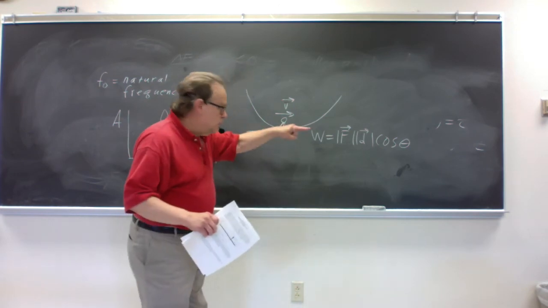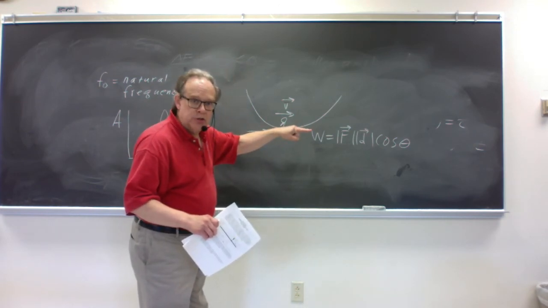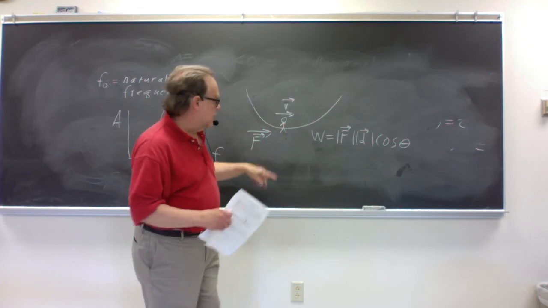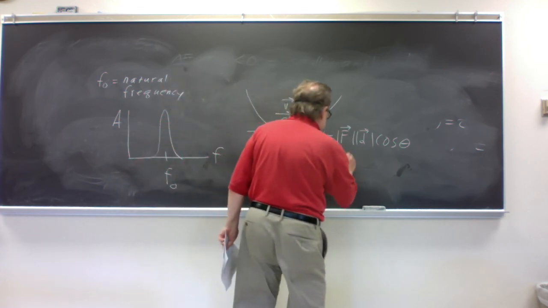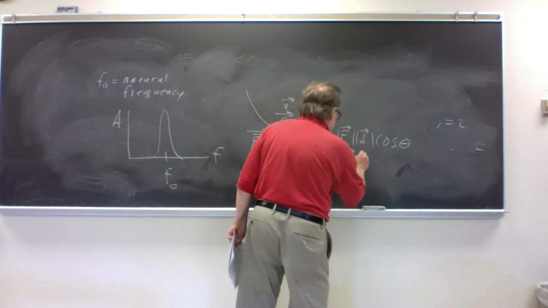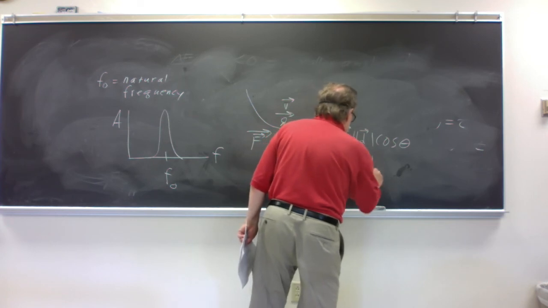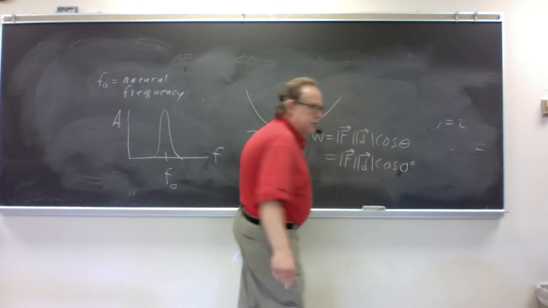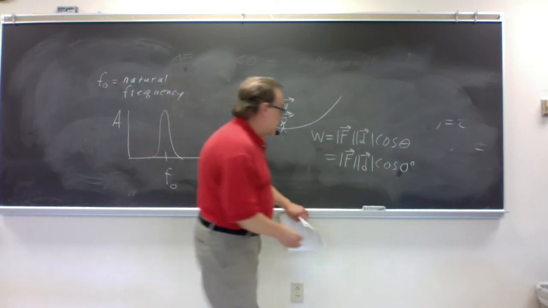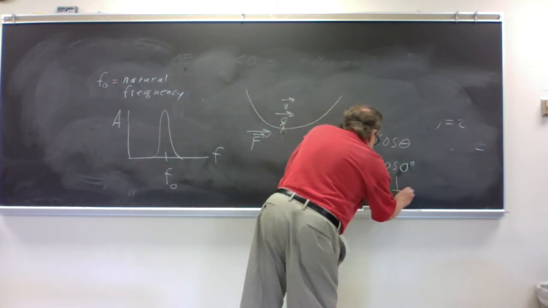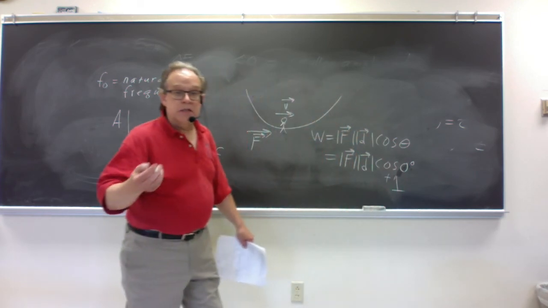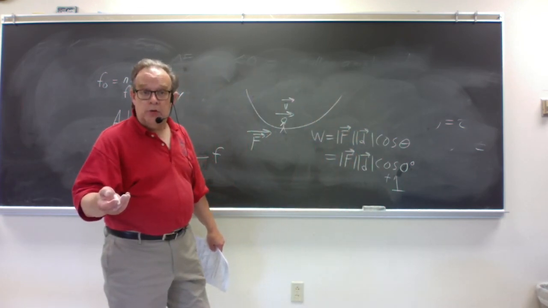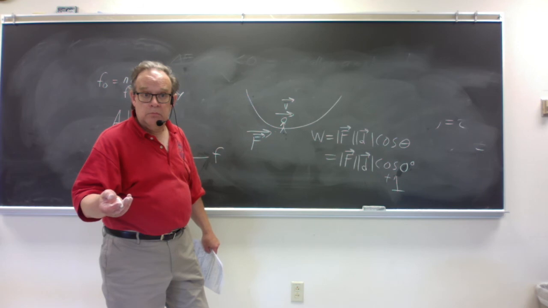Well, the kid is moving this way, so displacement is horizontal to the right, and the force is horizontal to the right, so the amount of work done involves the cosine of 0, and the cosine of 0 is positive 1. Positive 1 is the largest value that cosine can have.